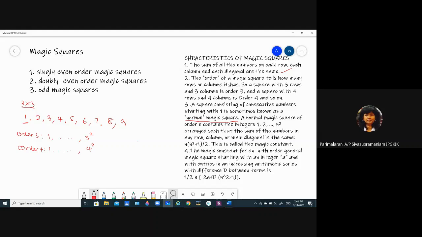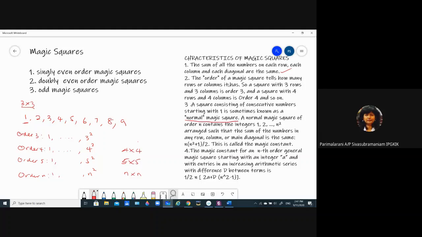So 4 by 4 means there are 16 boxes and you have 16 numbers. Order 5 will be numbers from 1 until 5 square. This is the 5 times 5 magic square, so we have 25 boxes here. So order n will be 1 until n square. This is the n by n magic square.